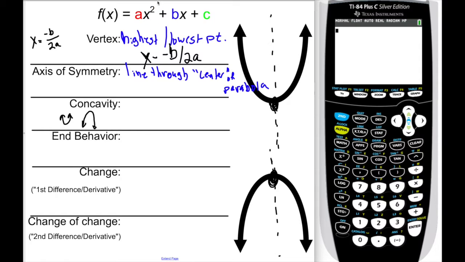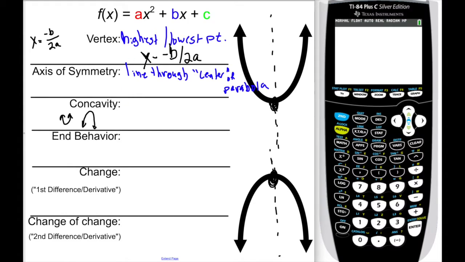So as x gets bigger, the x squared has the majority of the value of the overall output. It's the x squared that determines what's going on when x gets really big or really small, because that's what the concavity is related to.